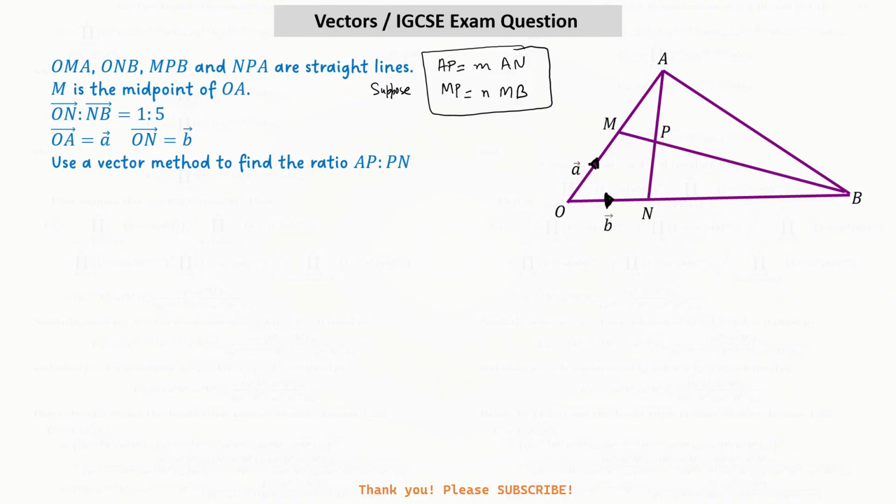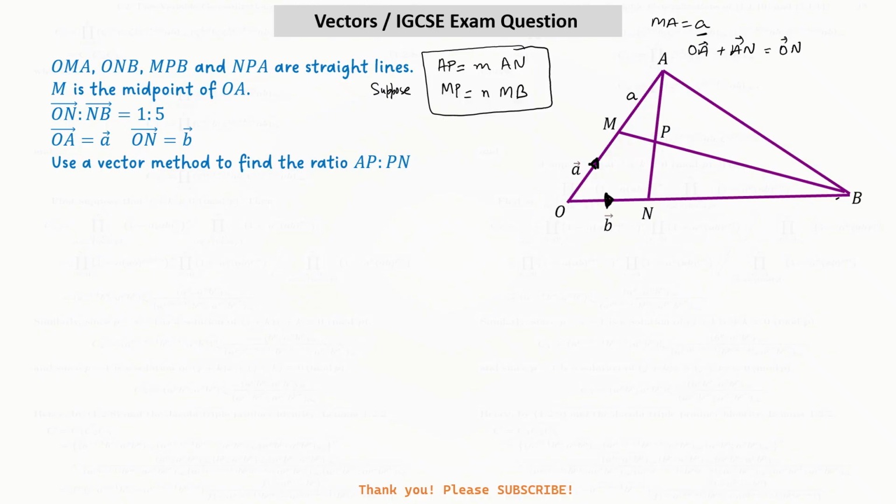So the next step is we can write AN. We know what AN is because OM is A, and that would mean MA would also be A, so it's vector A, and therefore AN, I can say vector OA plus vector AN is equal to ON.